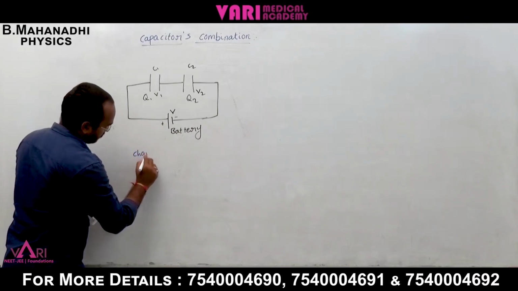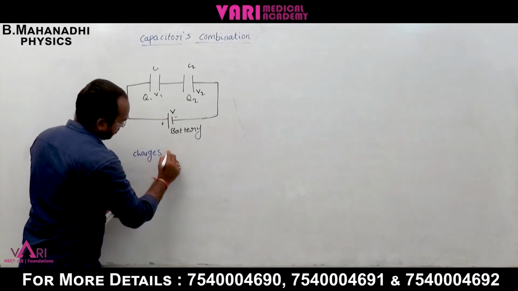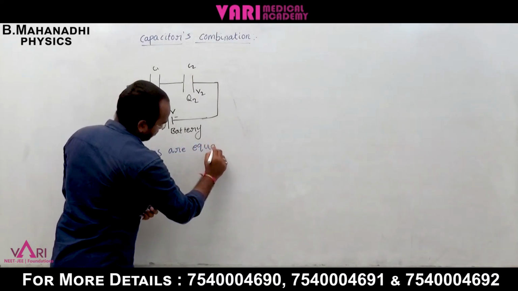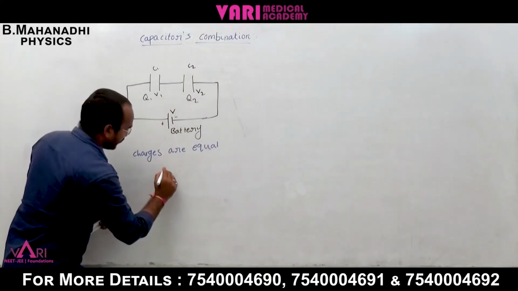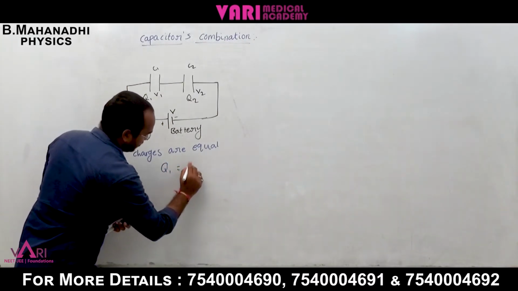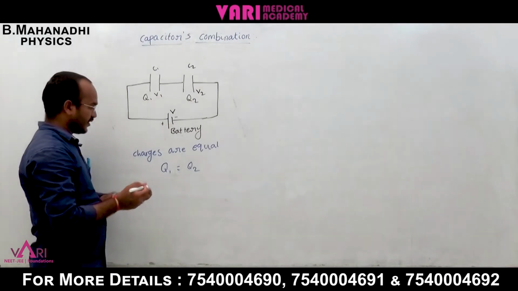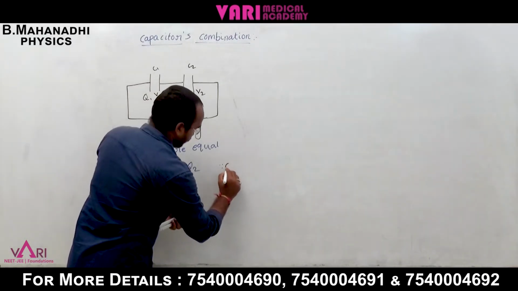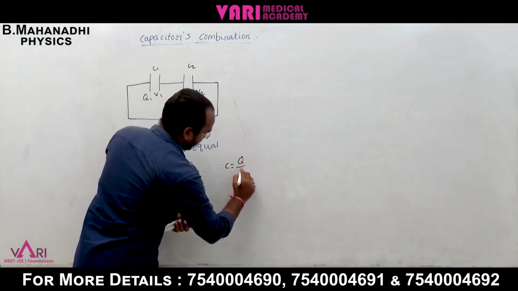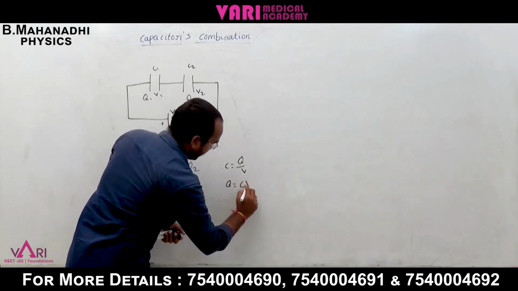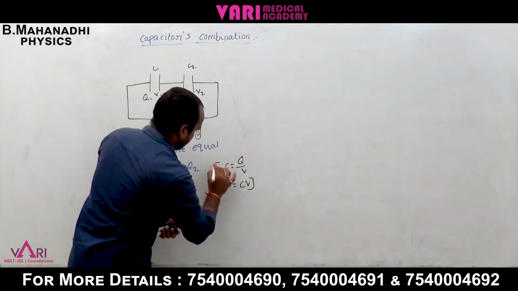The charges are equal. Now charge Q1 is equal to Q2. We know the capacitance formula C equals Q by V, so Q equals CV.